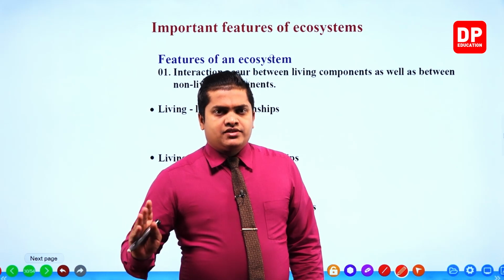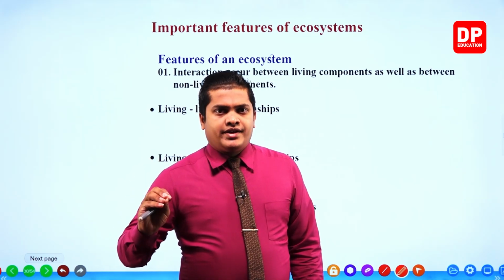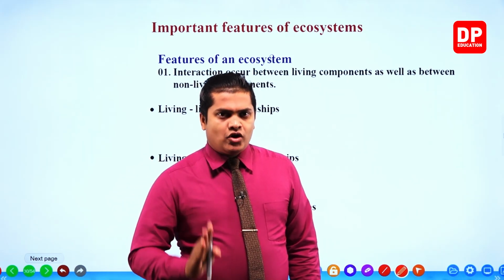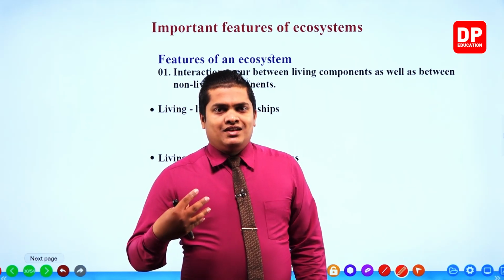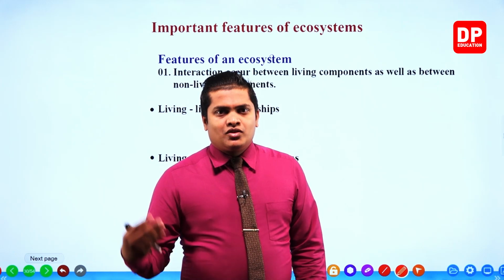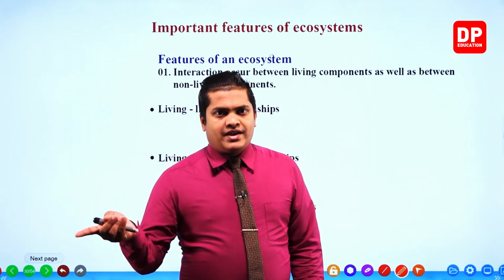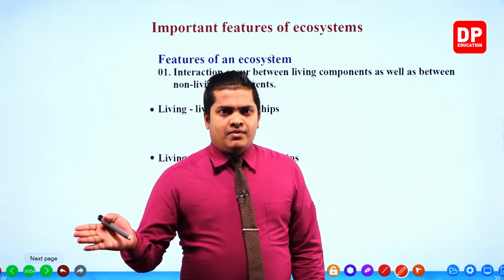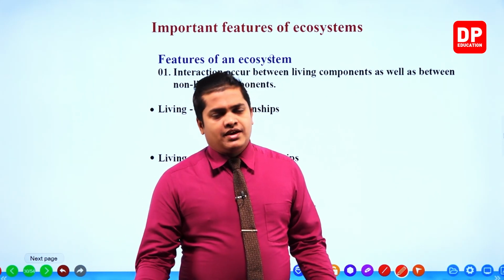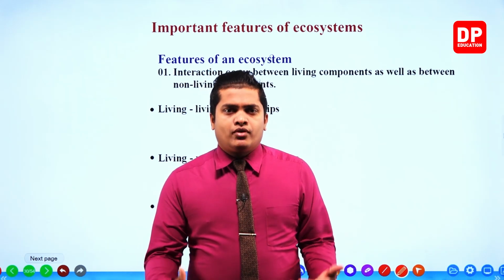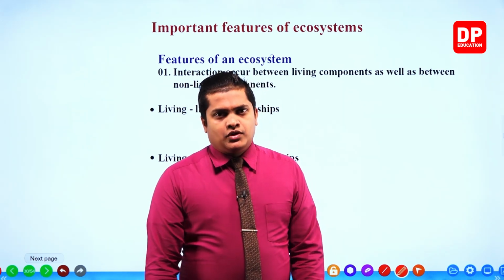And there are different kinds of organisms like parrots and other types of birds living on that particular plant. In a living relationship, organisms like parrots and other birds will not be able to survive if there are no plants. If there are no trees, then they don't have any habitats.